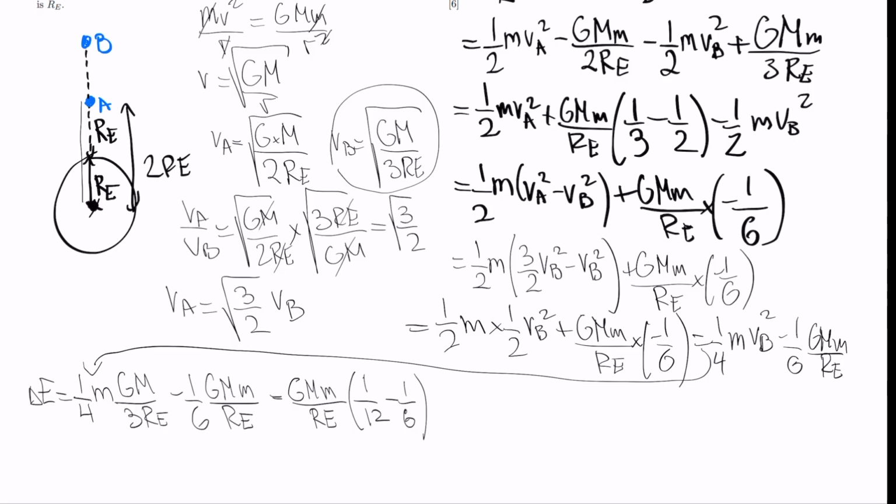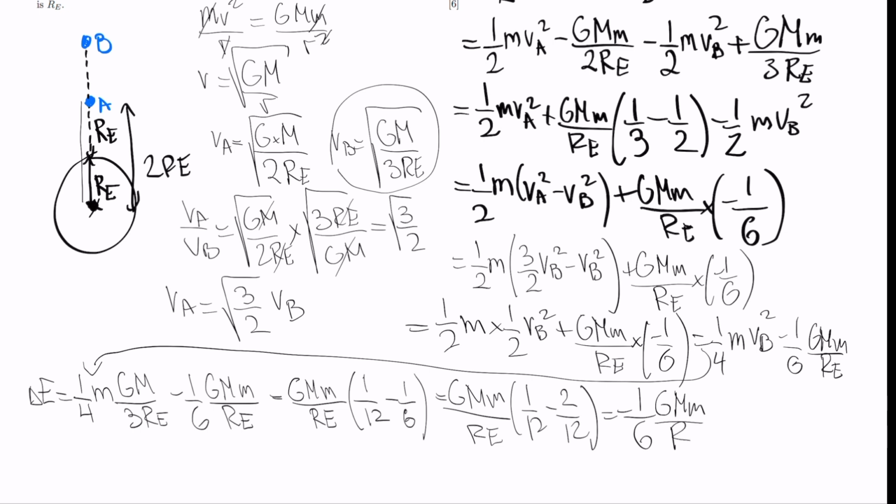Okay, so this here is going to give me a final answer of minus, which is equal to GMm over rE. Let's just be careful with the fractions. 1 over 12 minus 2 over 12, like that, which is going to give me a factor of minus 1 over 6.